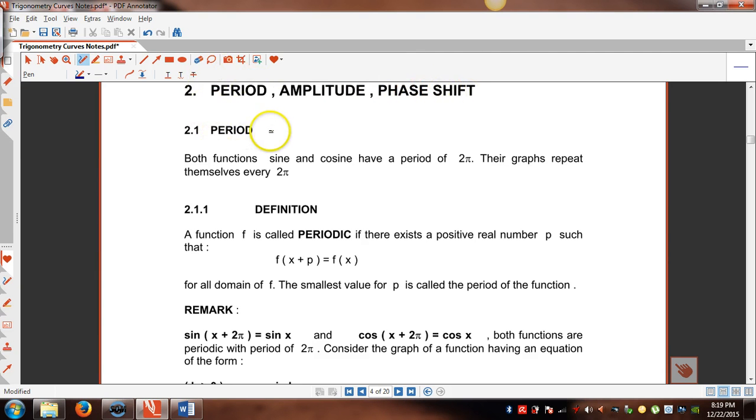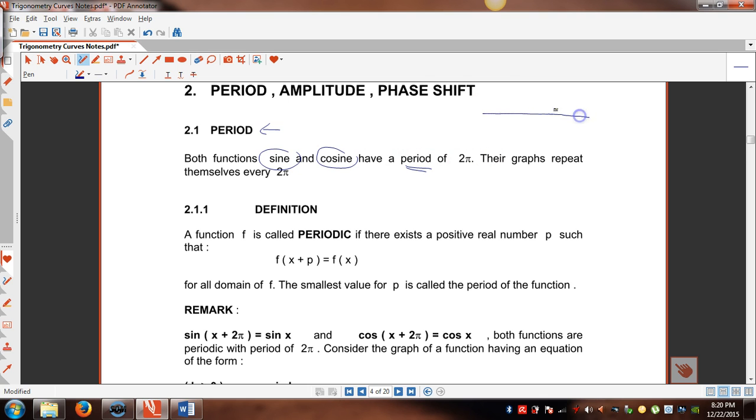Right. So first of all, we look at the period. The trigonometric curve involves sine, cosine, cotangent, cosecant and secant. We have sine and cosine as the main trigonometric functions, with a period of 2 pi.